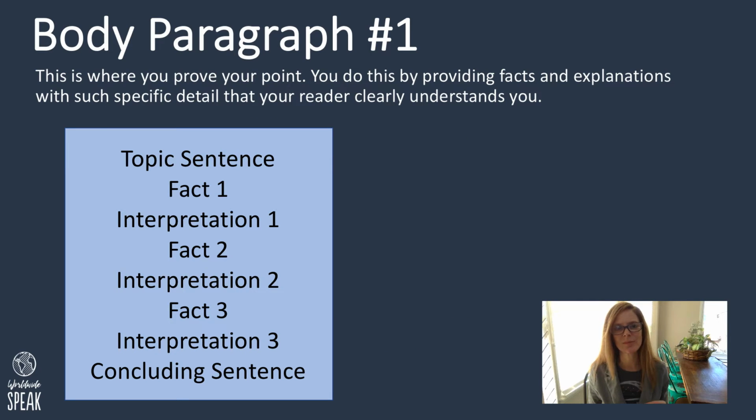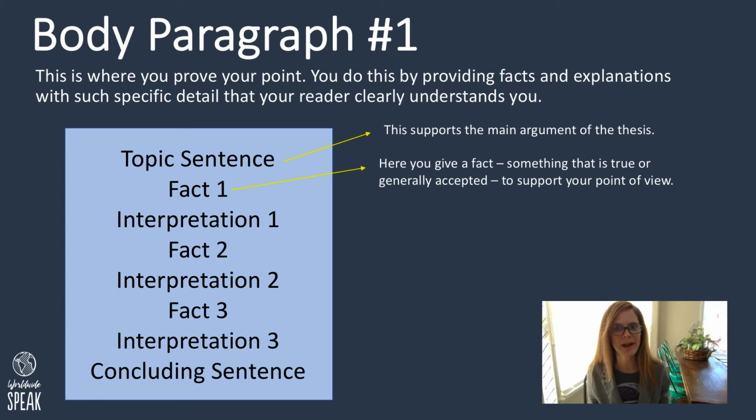Let's take a look at body paragraph number 1. This is where you prove your point. You do this by providing facts and explanations with such specific detail that your reader clearly understands you. We begin with a topic sentence that supports the main argument of the thesis, and then we give a fact.